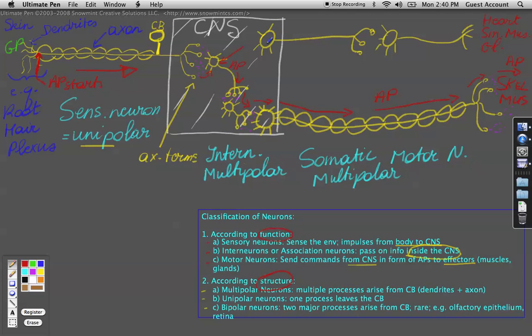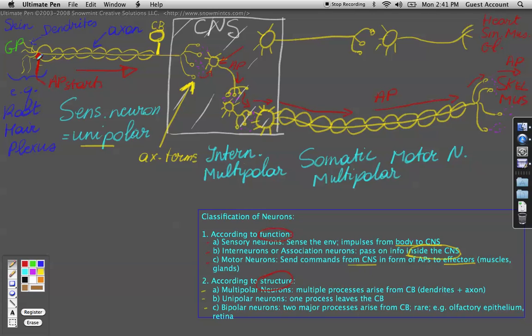And of course, inside of the CNS, they're going to be synapsing with an interneuron, or possibly synapsing directly with a sensory neuron. So this is one more thing I'd like to address, and that is the fact that a sensory neuron in the CNS, right here at the level of these axonal terminals, may synapse directly with a motor neuron without the help of any interneurons, and obviously that allows for a very fast response in the body.